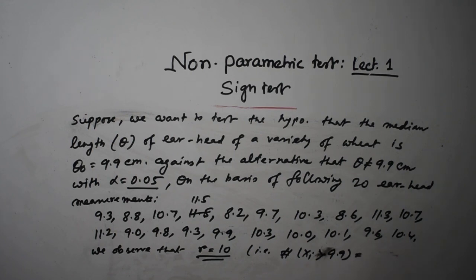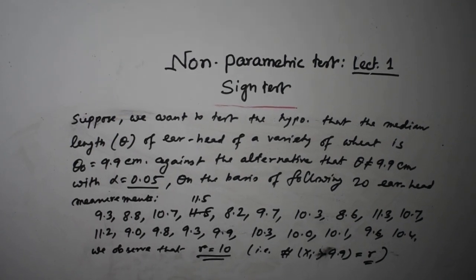I already mentioned this is denoted by R, and this R is 10. Since your alpha is 0.05, here I consider a two-tail test.